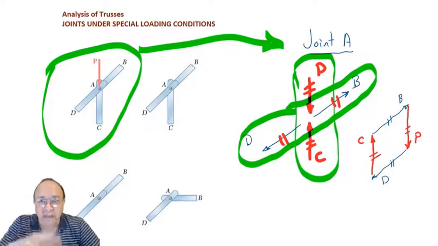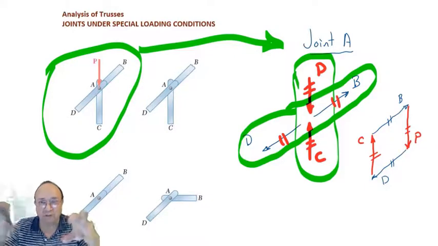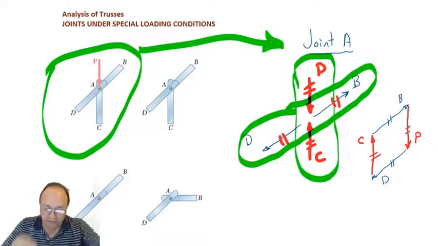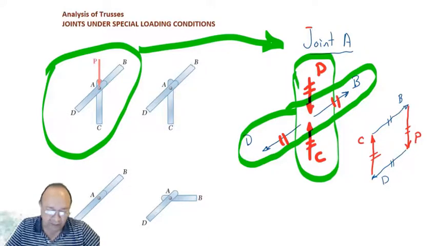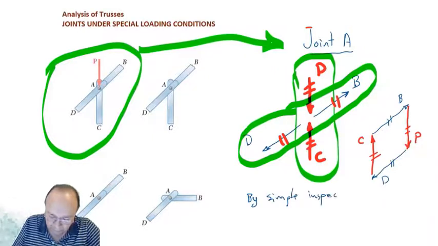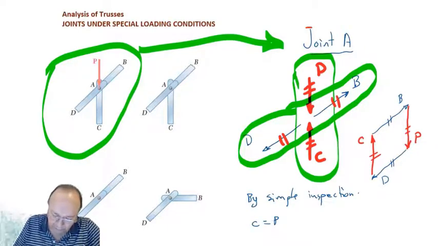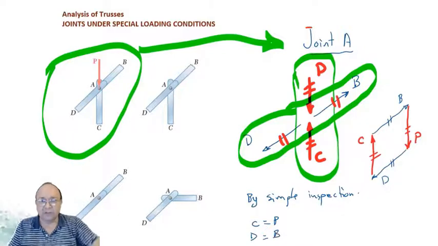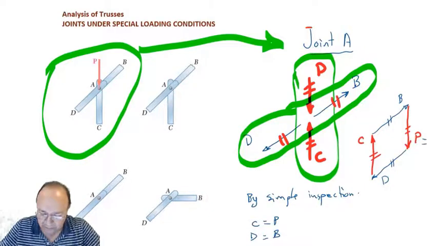So without setting up any equations of equilibrium or anything, after drawing the free body diagram of joint A, you can say by simple inspection, C equals P and D equals B. So let's say that you already know P, say this is 5 kilonewtons, and B 3 kilonewtons, or whatever, 6 kilonewtons.